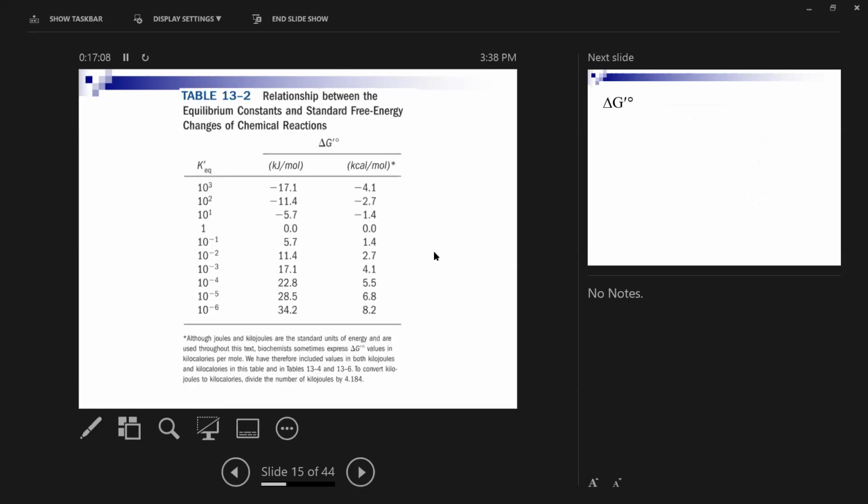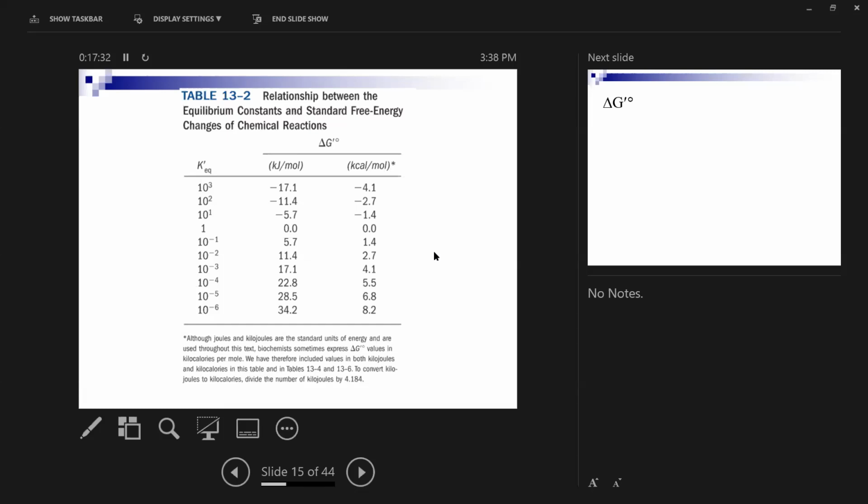And your book has some numbers showing you essentially the relationship between these, and they're expressed either in kilojoules per mole or in kilocalories per mole. Either one will work. If I give you problems, I will usually ask you to use one or the other.